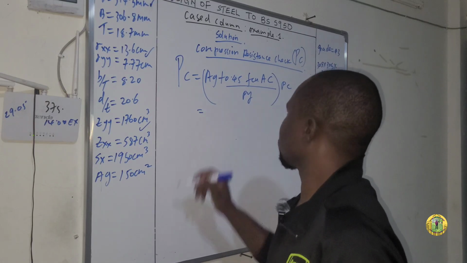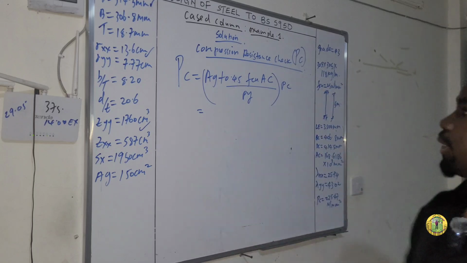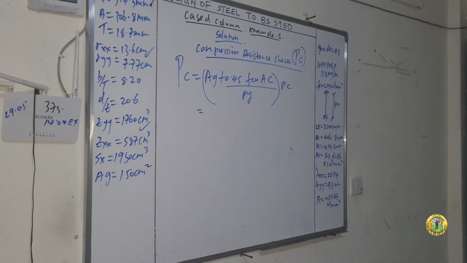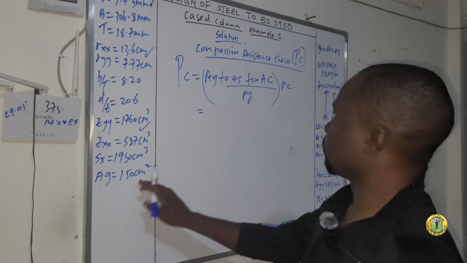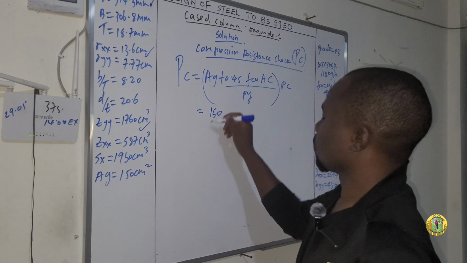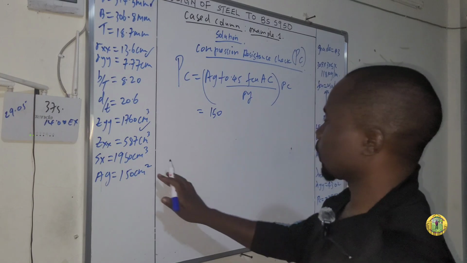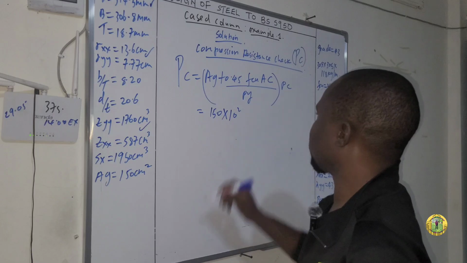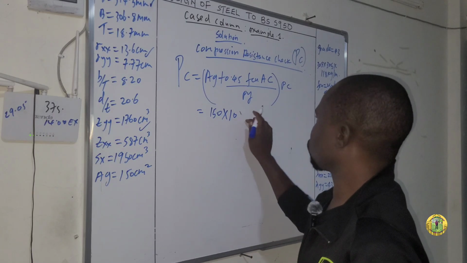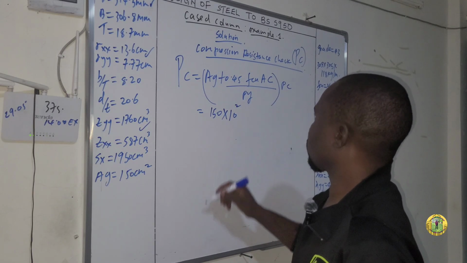So this one is equal to our AG, which is the cross-section area, is here, 150. Because it is in centimeter square, you convert it to millimeter square, so you multiply by 10 to power of 2.